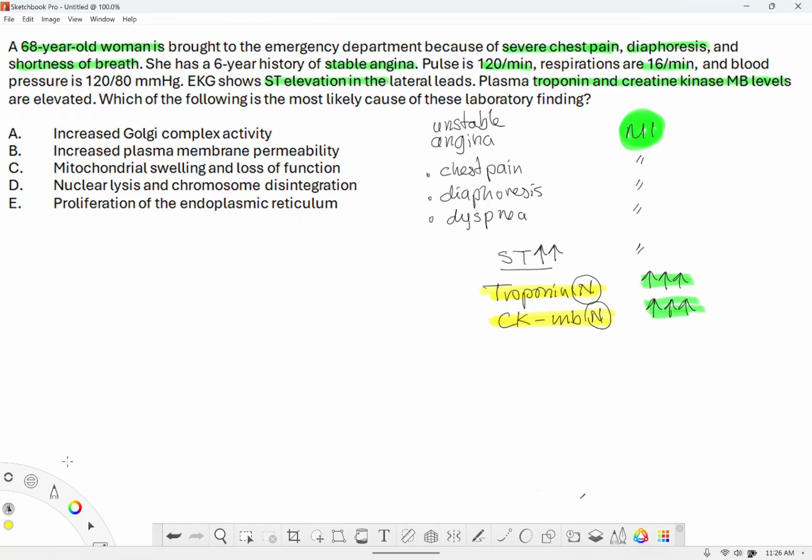Simple question. So first we diagnose our condition is myocardial infarction. In myocardial infarction, there is lysis, damage to myocardial cells. So let's draw a myocardial cell. There is a myocardial cell.